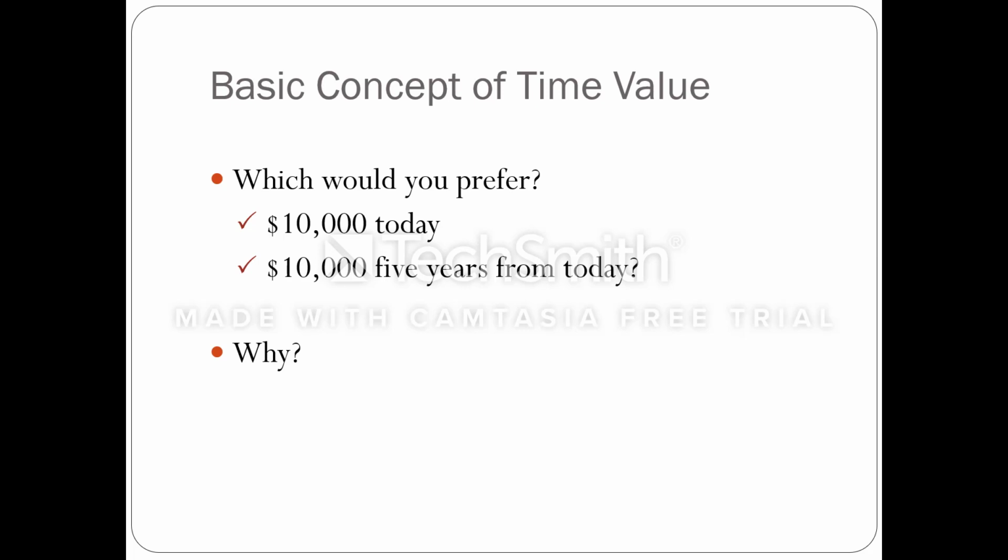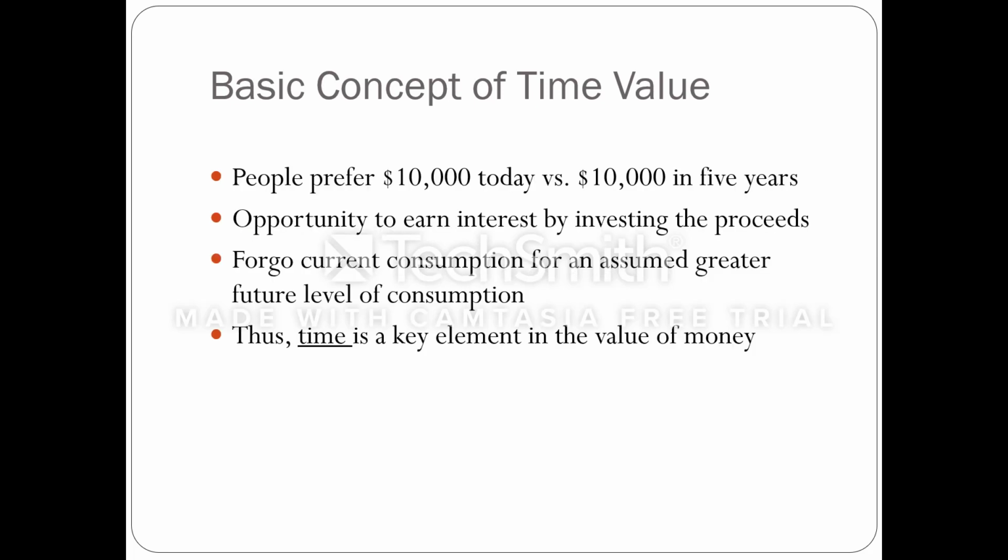No one wants to wait 5 years to get the same 10,000. And why is this the reason? The main reason is that 10,000 has the opportunity to earn interest if you put it in the bank today.